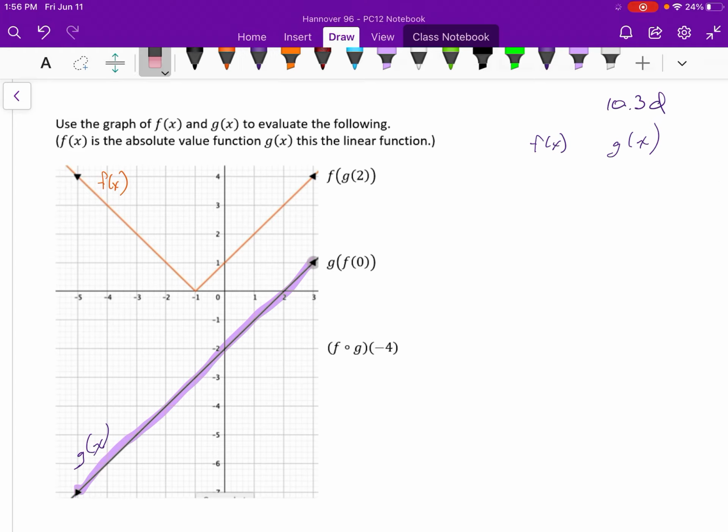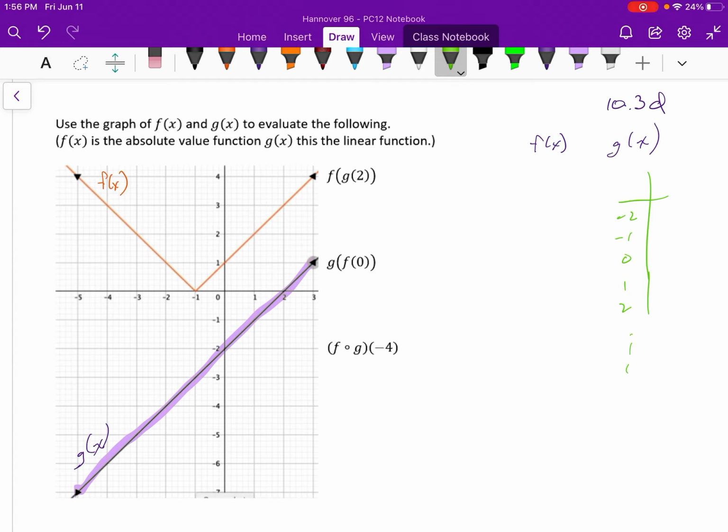Alternatively, what could you do if you're asked to graph the function f of g of x? Well, you could create a table of values. Now, what x values to use, I have no idea. Maybe -2, -1, 0, 1, 2, 3, 4, 5, etc. And then you would play this game.